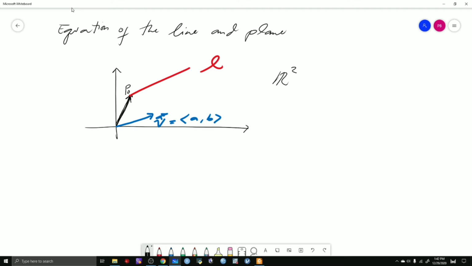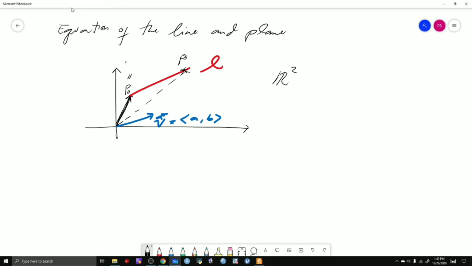Now let us define the equation of the line. So let us have a fixed point P that also lies on the line. So let's have some notations.